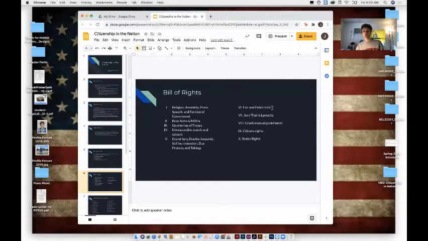If you're being accused of something, you have to be told what you're being accused of so you can defend yourself. Basically, we give everybody the chance of being innocent. You're innocent until proven guilty. So you may be suspected of a crime, but you have not been ruled actually guilty yet.